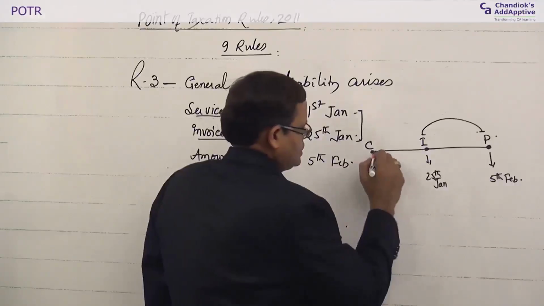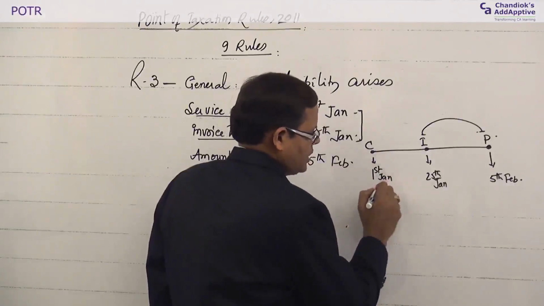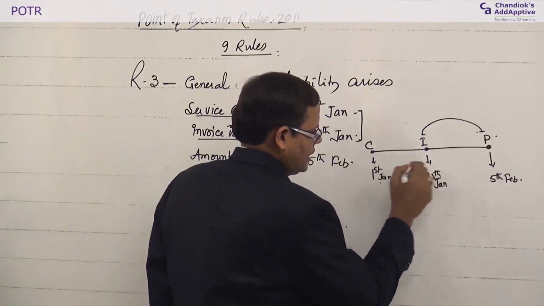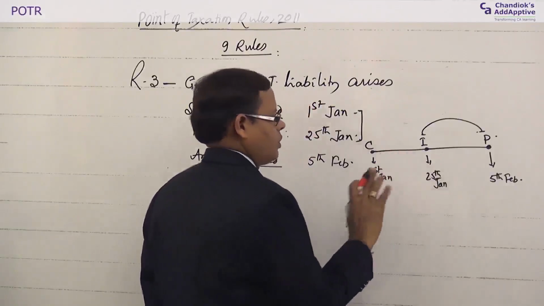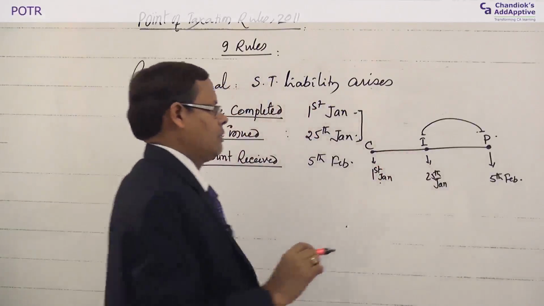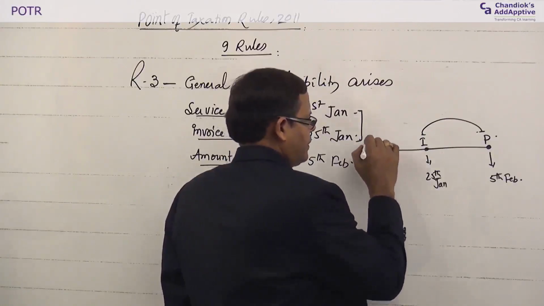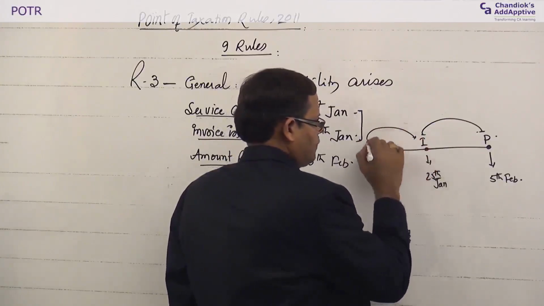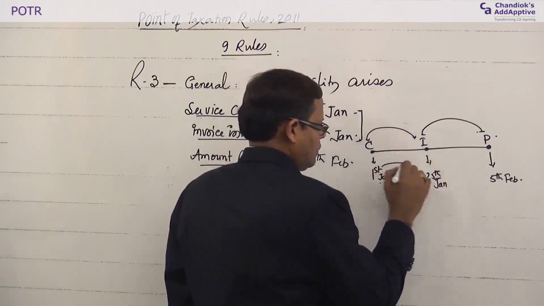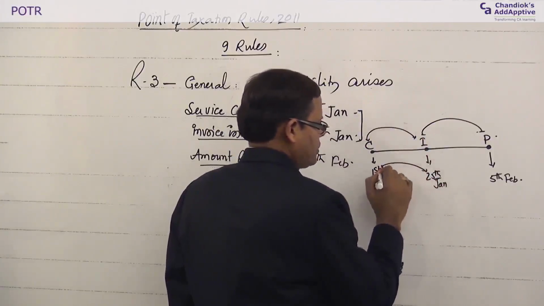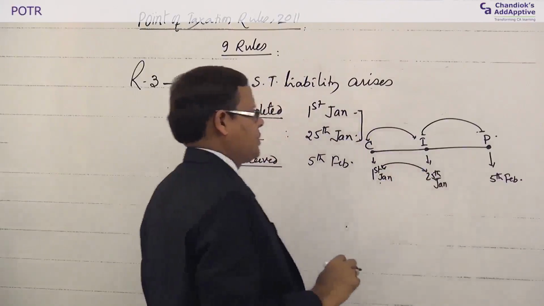Because the invoice has been issued within 30 days, within the due date, there is no default. So the payment date becomes irrelevant, and the period from 1st January to 25th January is the cooling period or grace period.